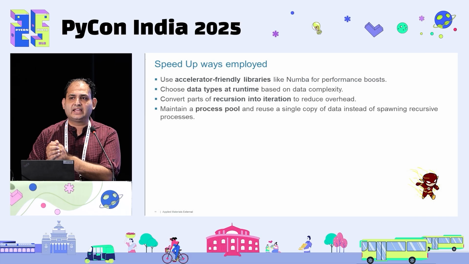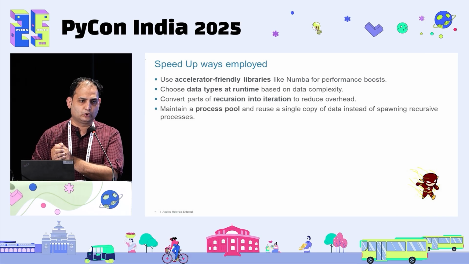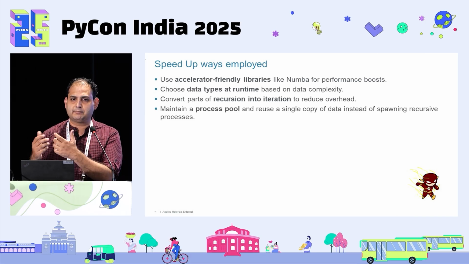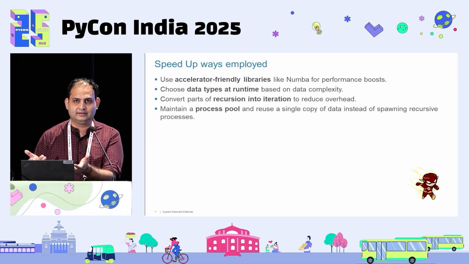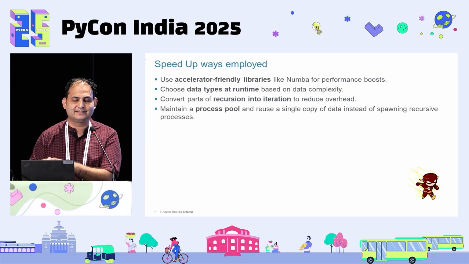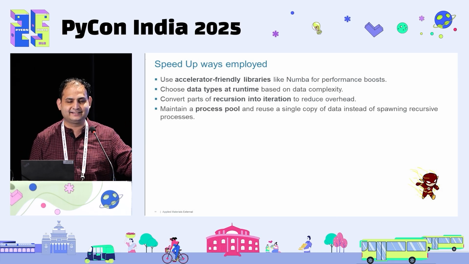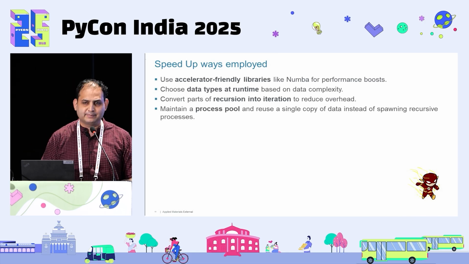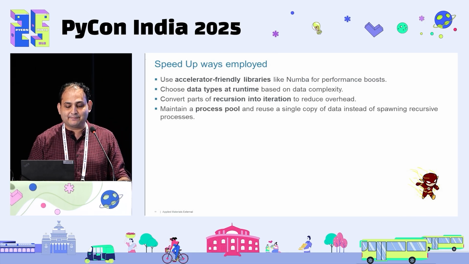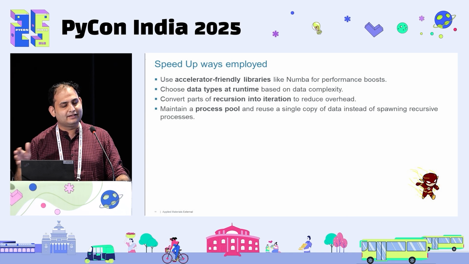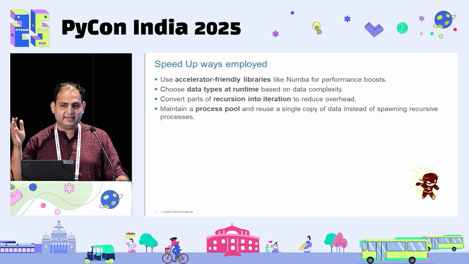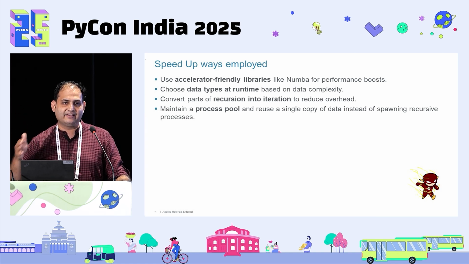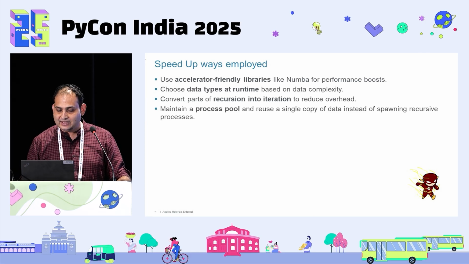One more takeaway: we need to profile our memory and throughput, because what we do not measure, we do not optimize. This is not my saying. Puneet said this in the previous talk in track 2. It was a great talk. But yes, coming back, maintain a process pool and reuse a single copy instead of instantiating every time in a new process. Let's use a single copy.